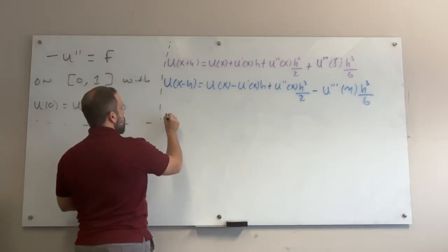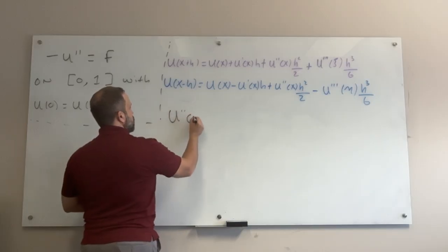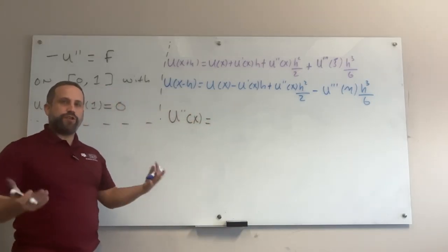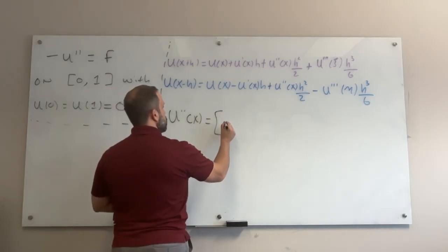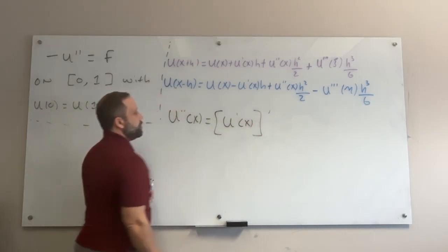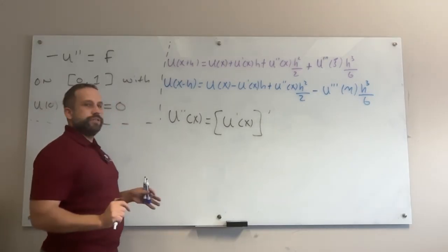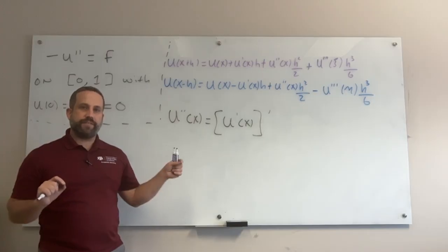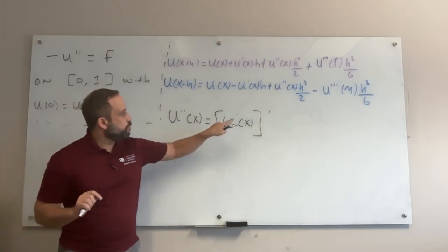So u double prime of x is equal to the derivative of u prime of x, so this is u prime of x, prime. What I'm going to do is apply that finite difference that I just saw to u prime.